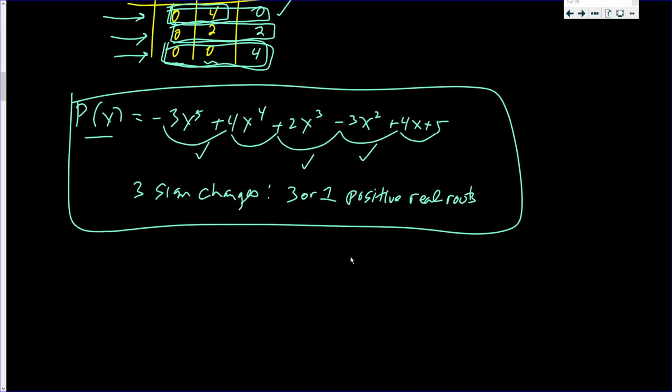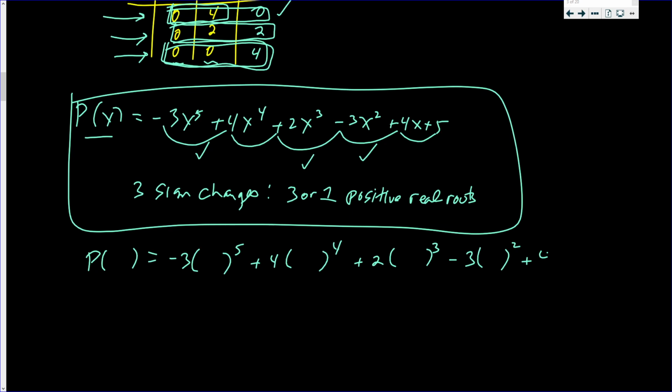Now, P of negative x. Well, P of x is negative 3x to the 5th plus 4x to the 4th plus 2x cubed minus 3x squared plus 4x plus 5.